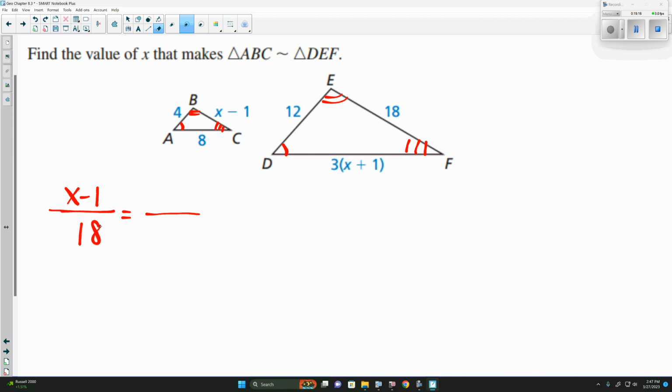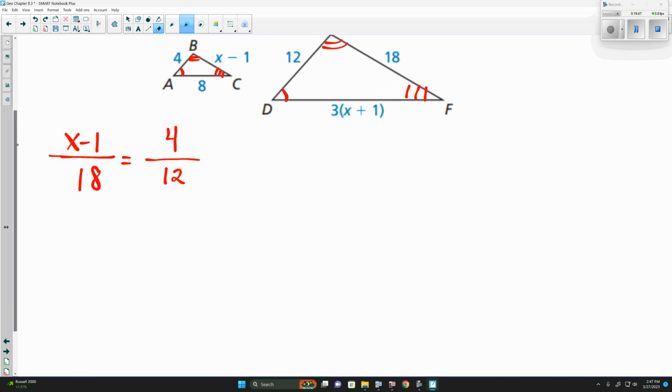What can we put on top of the other one? 4. Why wouldn't I want to put 8? So what would be on bottom with 8? 3 times x plus 1. This would still work. We would still get the correct answer. It's more work that we have to do because if I use 4, we can put it over 12.